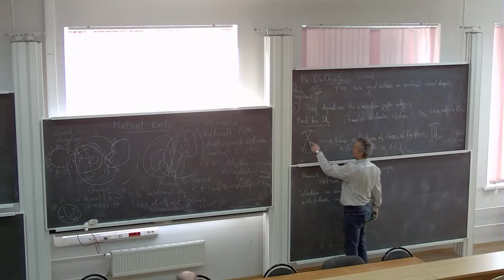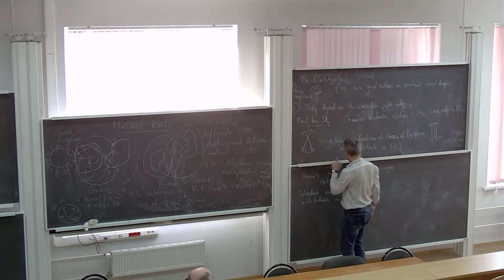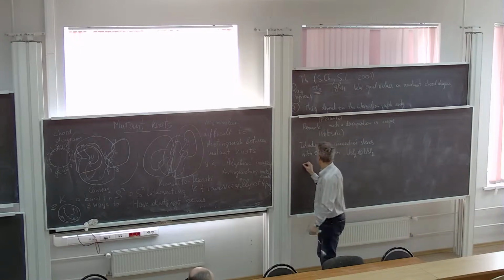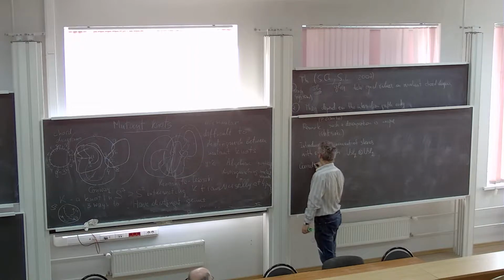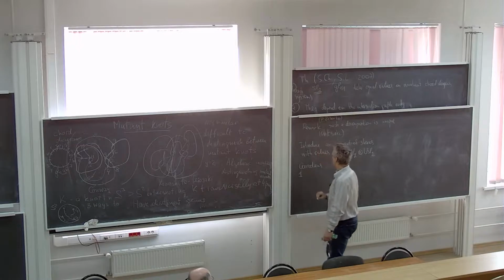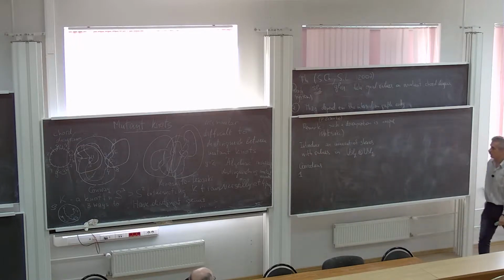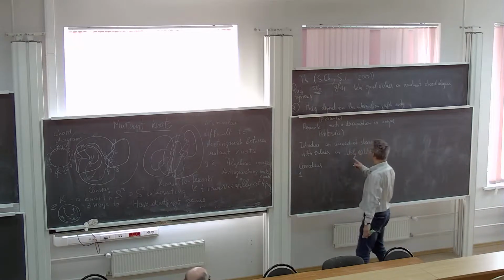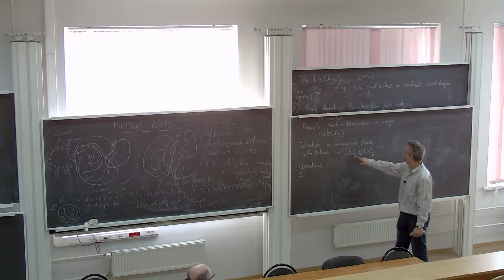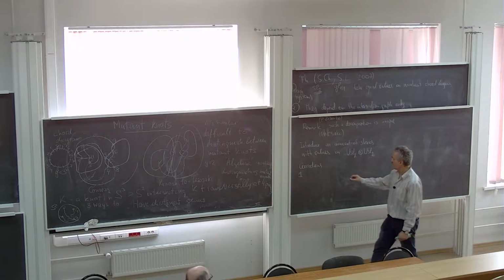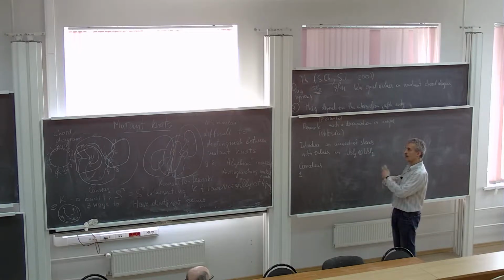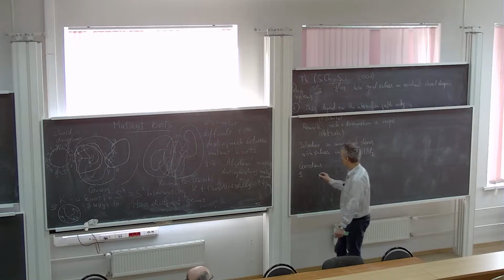So since we have two different copies, this definition needs to be corrected in the following way. The first thing is that when we take multiplication in this algebra, we should take the conjugate multiplication on one of the copies.